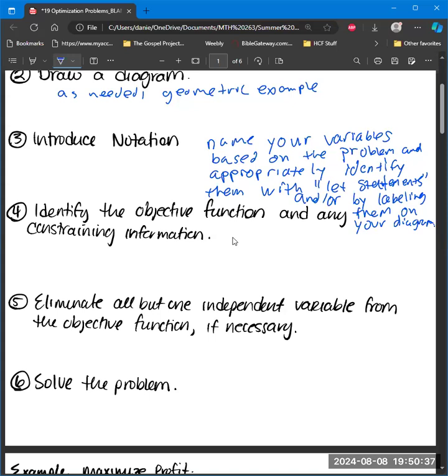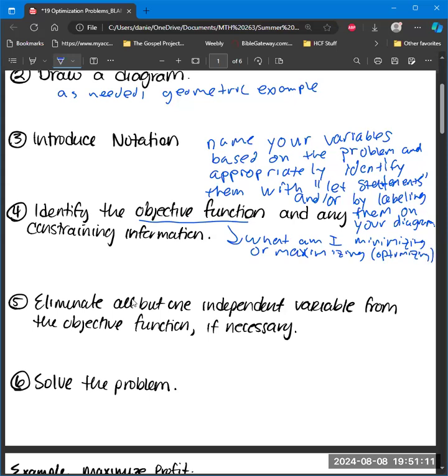If you have a diagram, identify the objective function and any constraints. So the objective function here, what am I minimizing or maximizing? Optimizing, right?